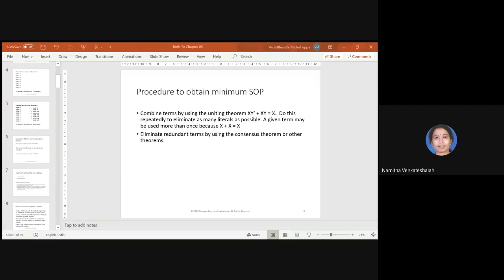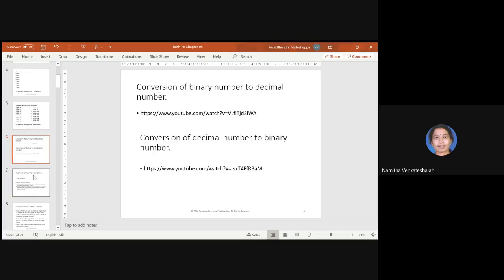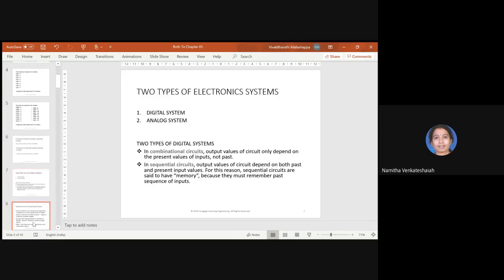So why should we minimize the equation? That is the question. There are two reasons for minimizing the equation.